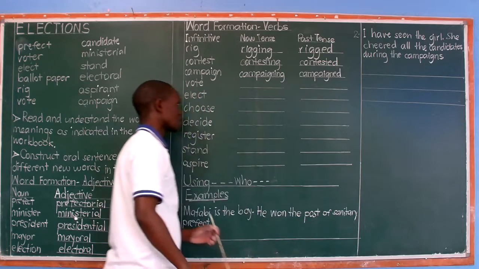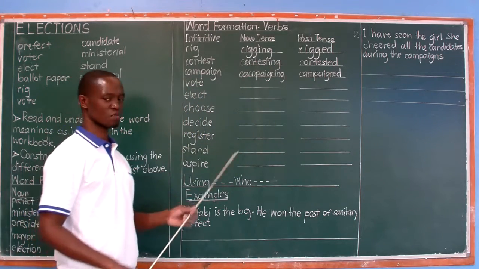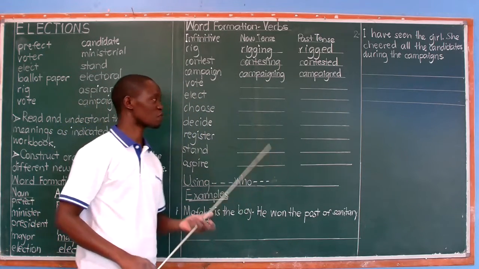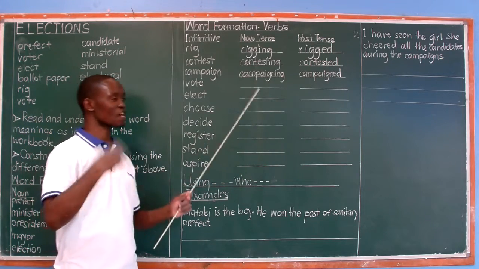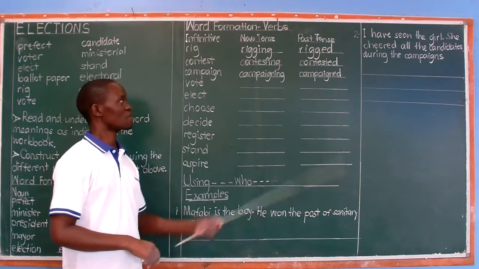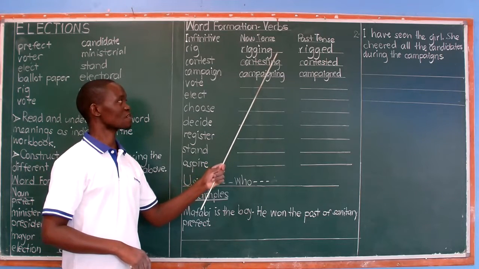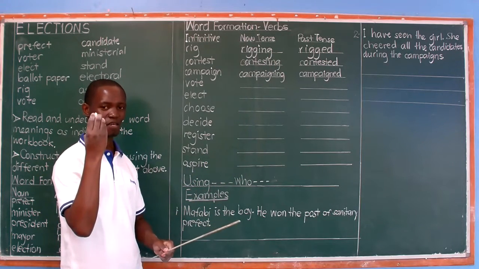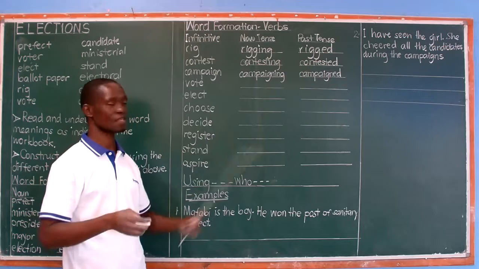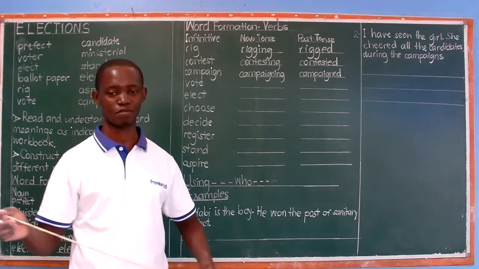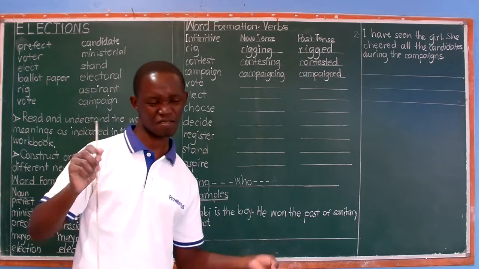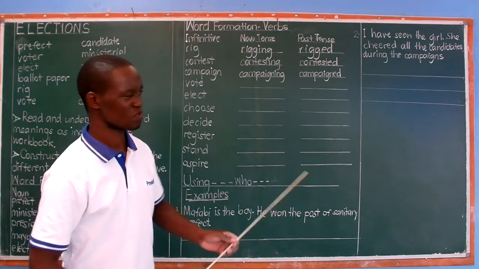Remember, in your work, these words begin with small letters because they are not people's names. In other words, they are not proper nouns. They have no full stops at the end because they are not sentences and they are not abbreviations. Abbreviations and sentences are the ones that require those full stops.